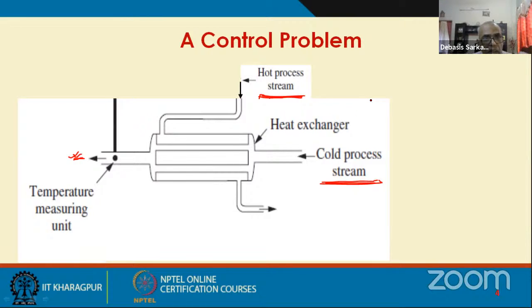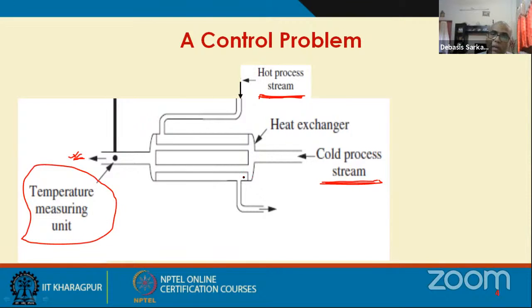So it's a simple problem, and we'll see what a feedback control loop will look like for this simple control system. So the first thing that is required is the ability to know the temperature at the outlet, right? So you need a temperature measuring instrument to measure the temperature of your control variable.